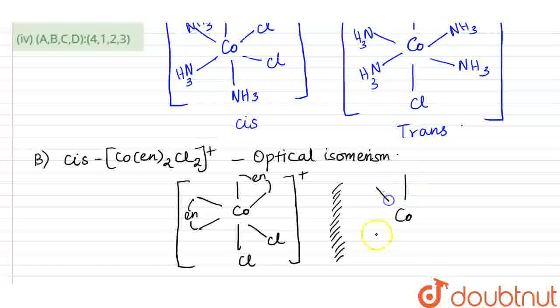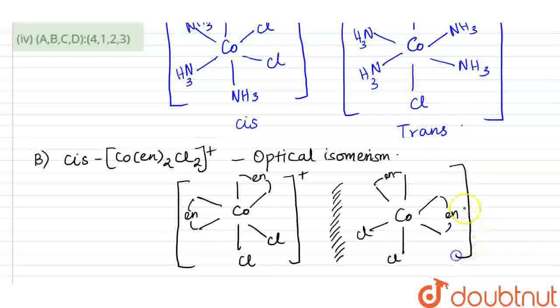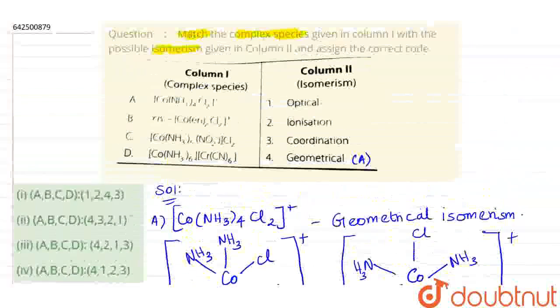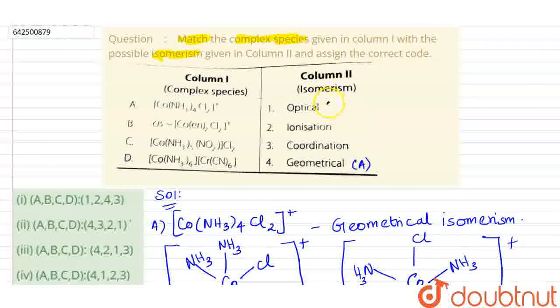In the mirror image too, here is the ethylenediamine, here is chlorine, and here is ethylenediamine. So this shows optical isomerism. The second one, B, has optical isomerism.